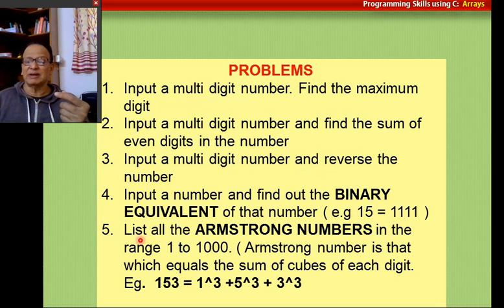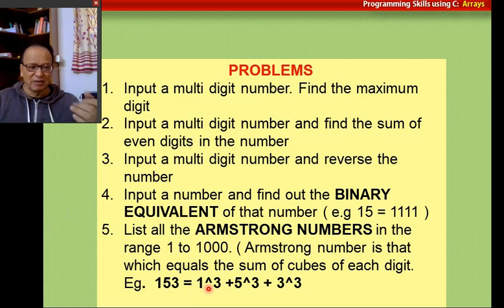And we come to: list all the Armstrong numbers in the range 1 to 1000. Now, what is an Armstrong number? An Armstrong number is a number that is the sum of the cubes of each digit. For example, 153 is an Armstrong number. Why? Because 1 cube plus 5 cube plus 3 cube is equal to 153. So you already know how to find each digit.